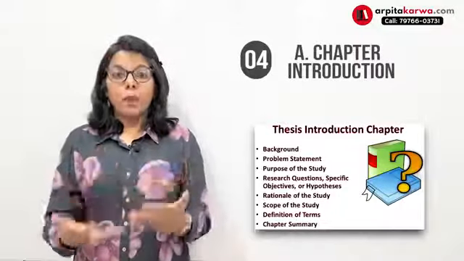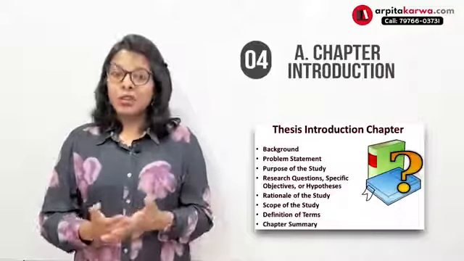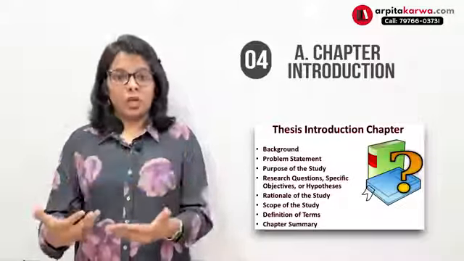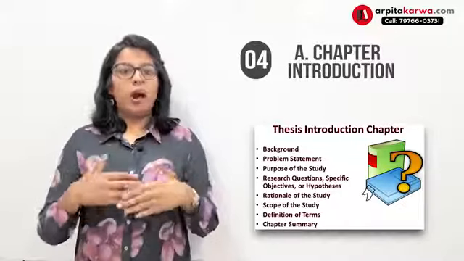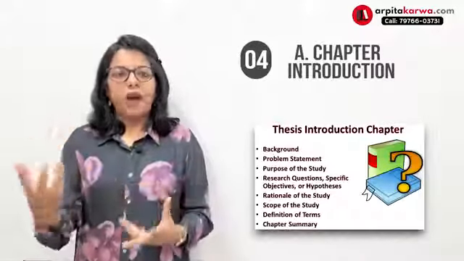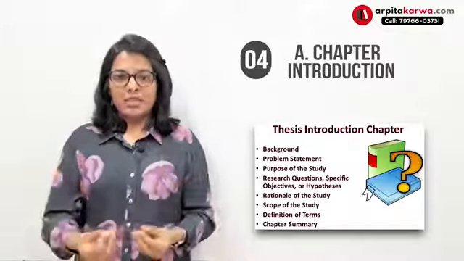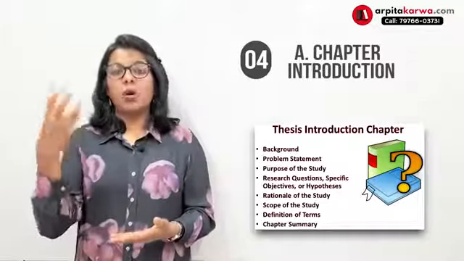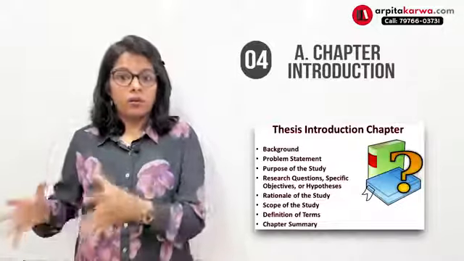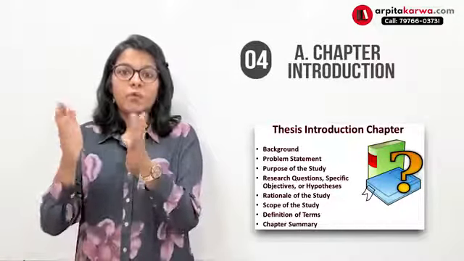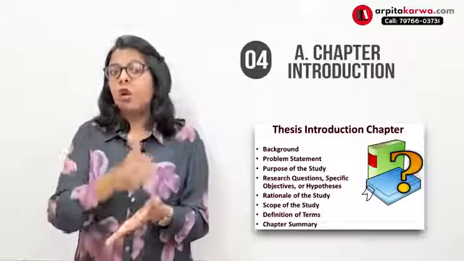Also, you're going to mention all the theories and the theorists that you will be looking into in the course of the research. So if you are talking about a tragedy in your PhD thesis, you are going to talk about Aristotle's Poetics and the theory of tragedy. Okay, that would become the theoretical base of your research.